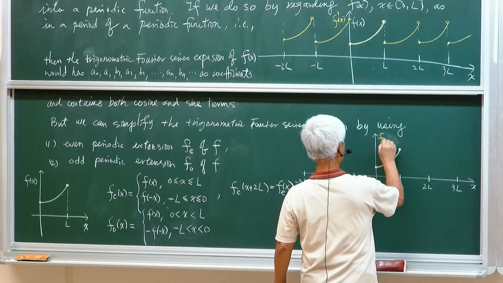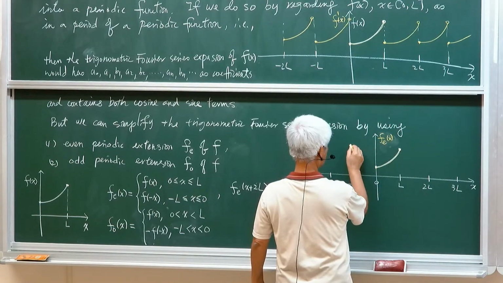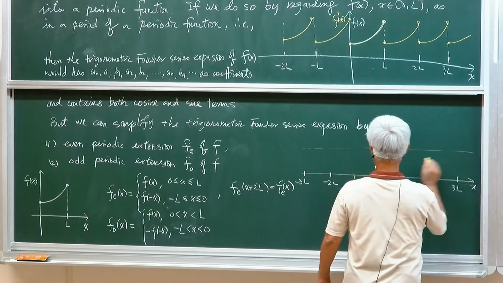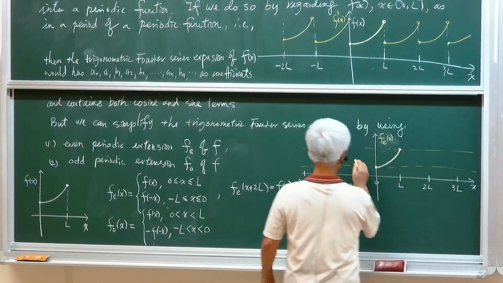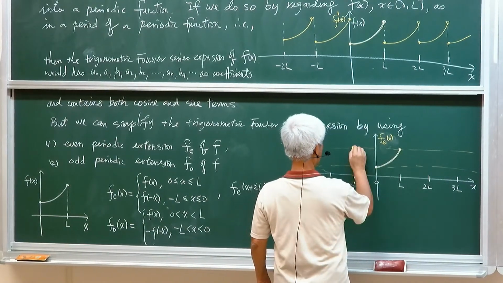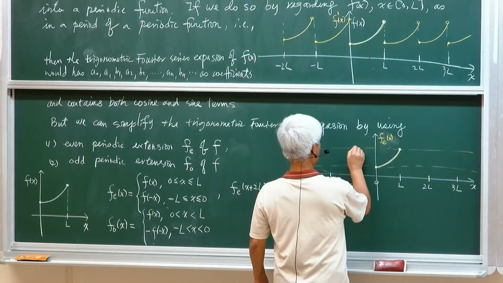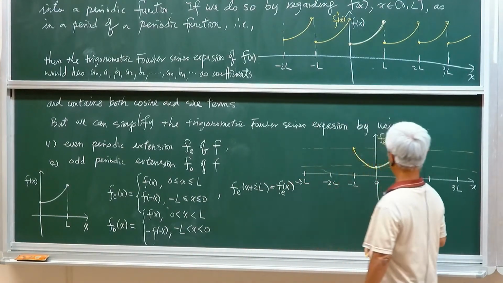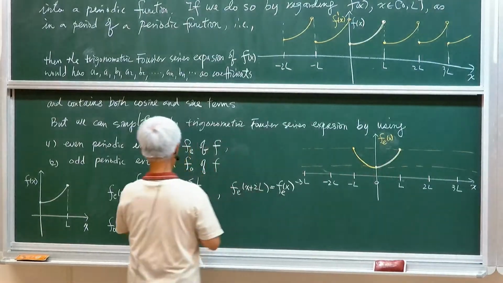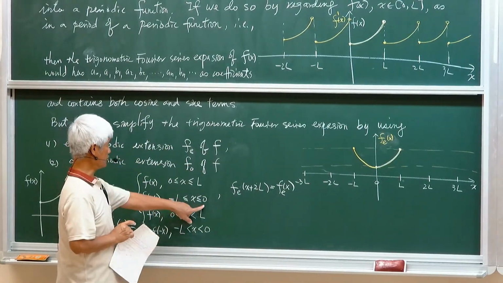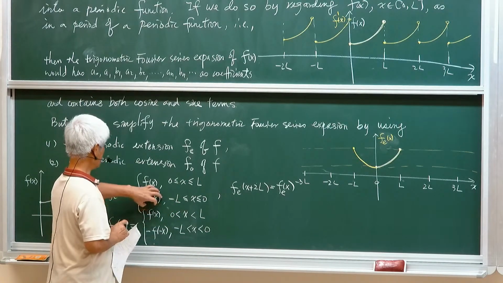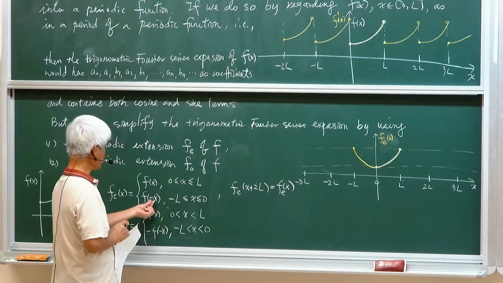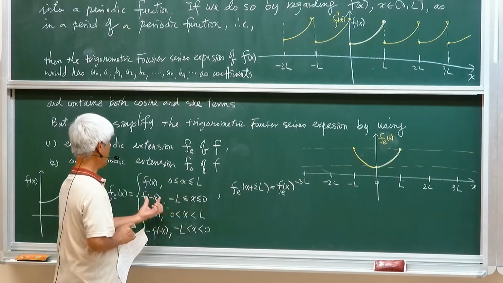So this is f_e(x). Now the value at minus L is the same as at L. When x is between minus L and 0, then minus x is between 0 and L.